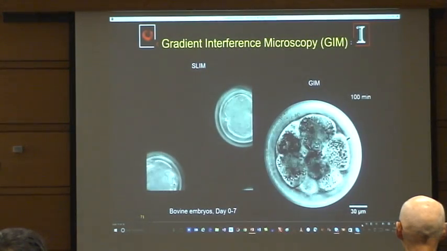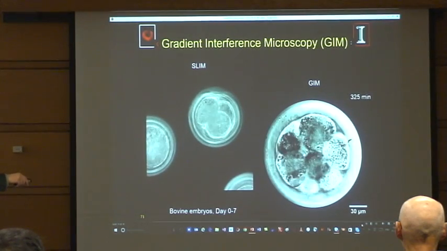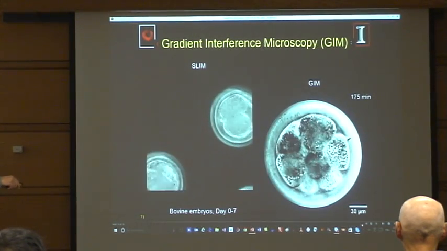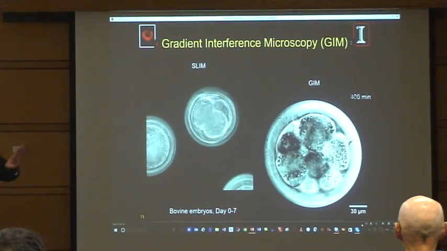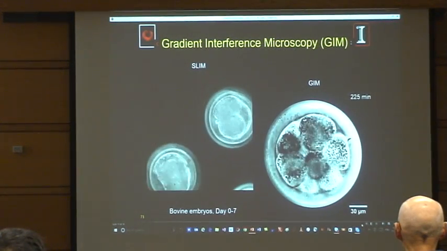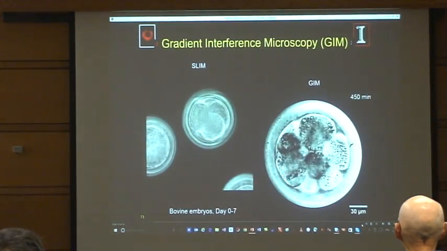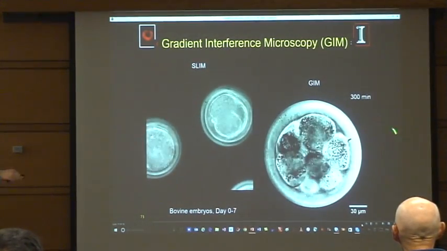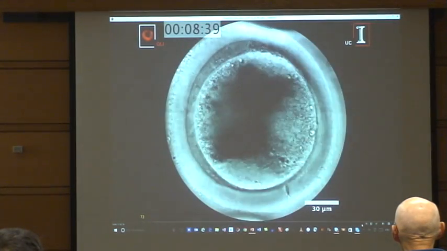So we control that phase difference between the two, and we end up with images like this. Now you can see these are fat droplets in each cell. This is still 250 microns, very multiple scattering, but now the two interfering beams are always equal in power. There isn't one that runs out of power, like in SLIM. So in other words, the gradient technique is much better at removing multiple scattering.